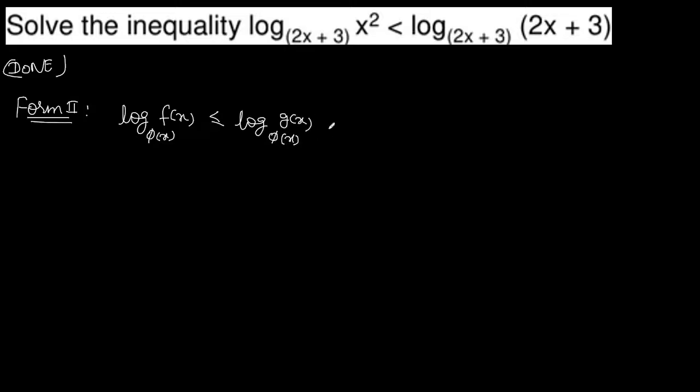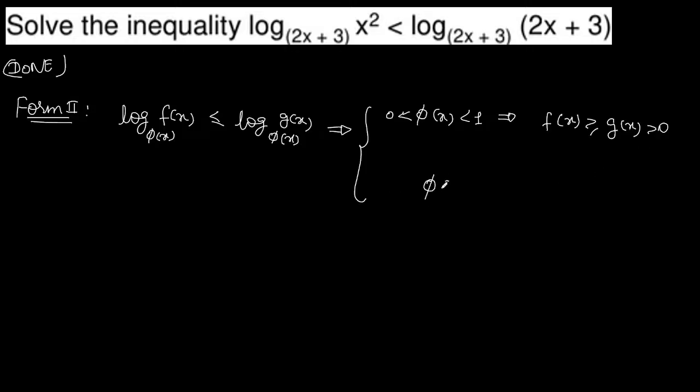Okay. If this is the case, we'll take one case phi x between 0 to 1. When we open, we'll simply get fx is bigger than equal to gx and gx is bigger than 0.